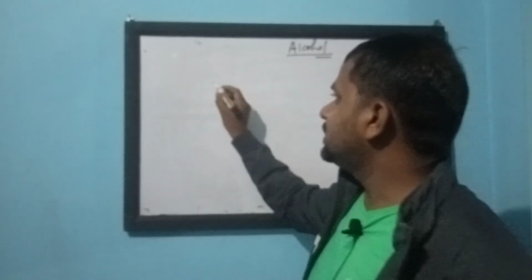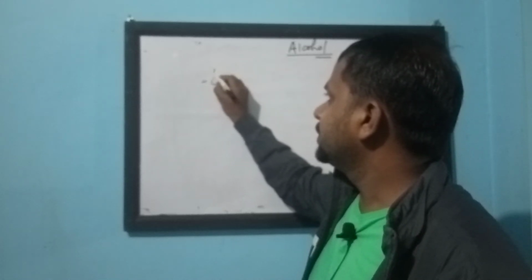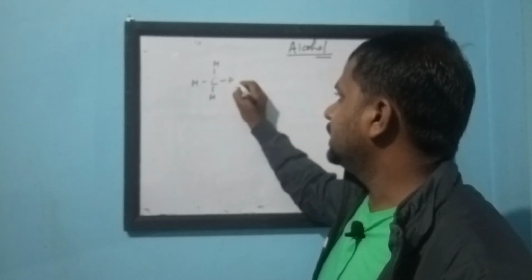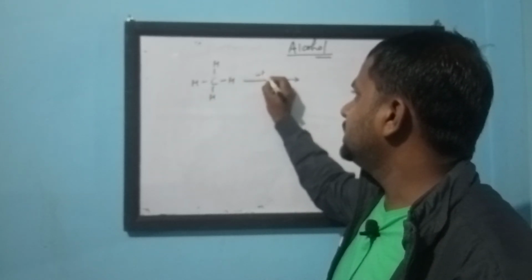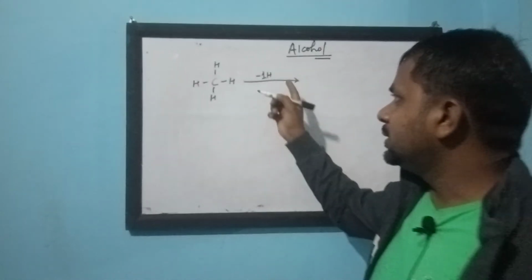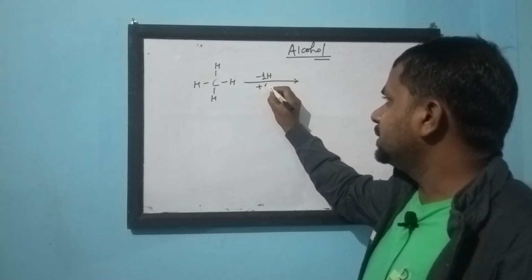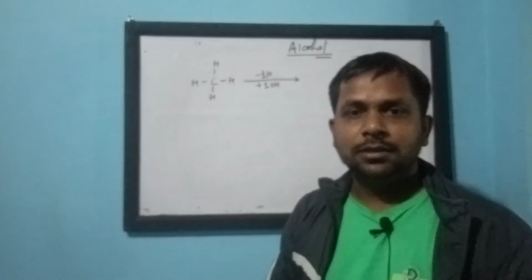We have seen the structure of alcohol just now. Suppose this is any alkane and from this alkane one hydrogen is removed, and at the place where the hydrogen is removed, one OH group is added.